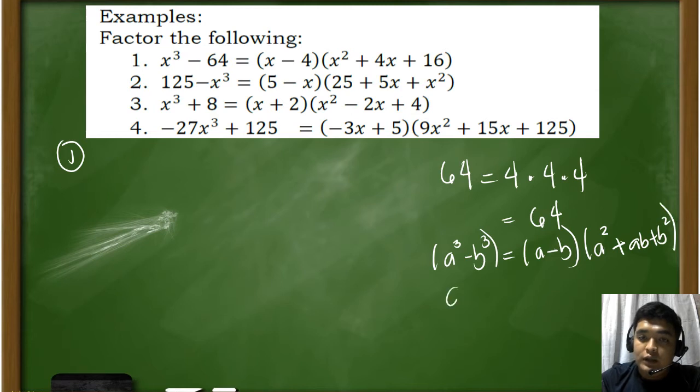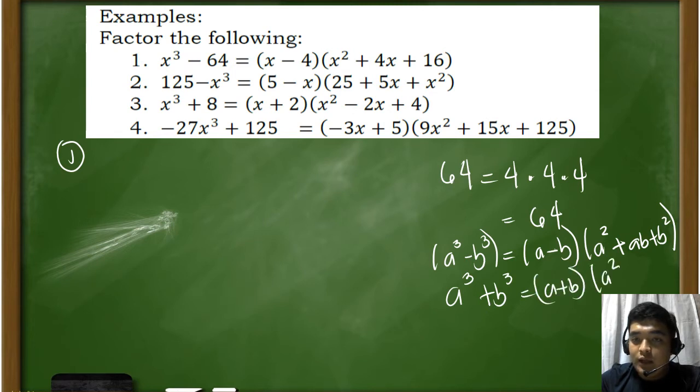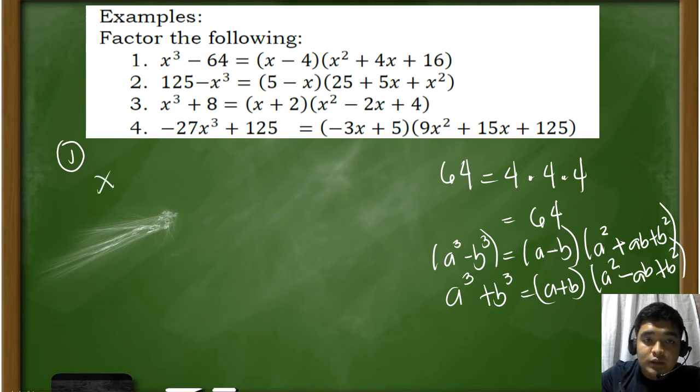If a cubed plus b cubed, that is a plus b, then a squared minus ab plus b squared.